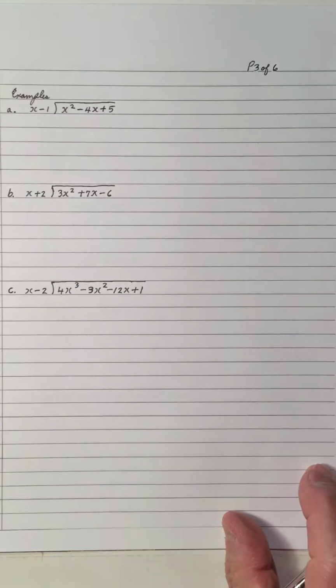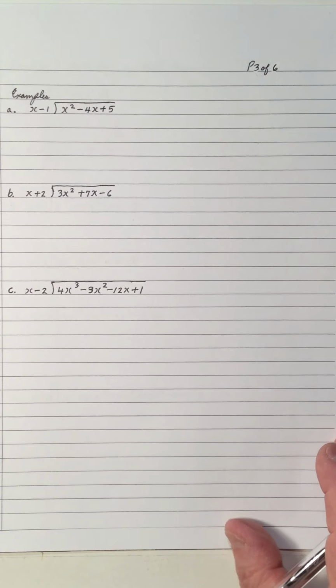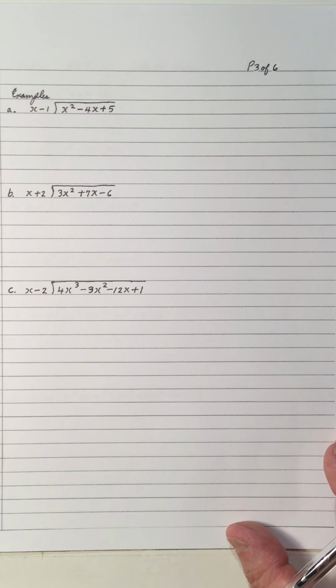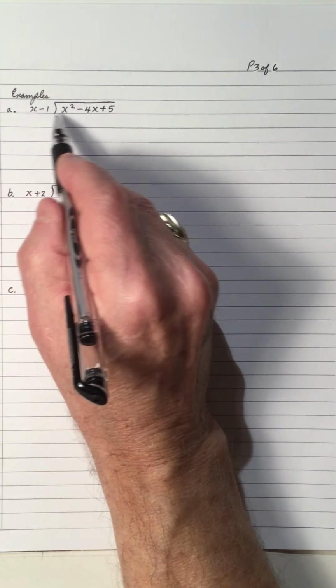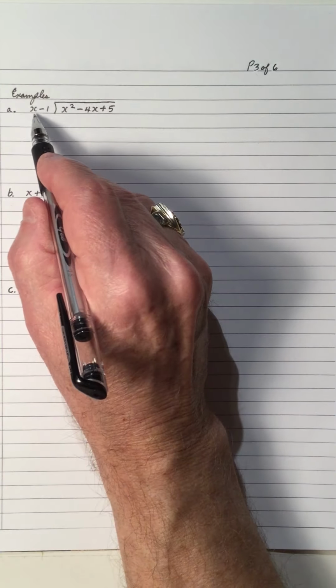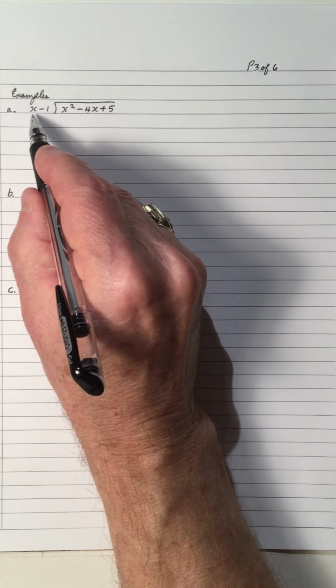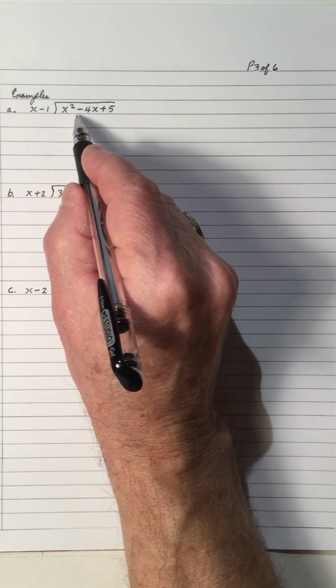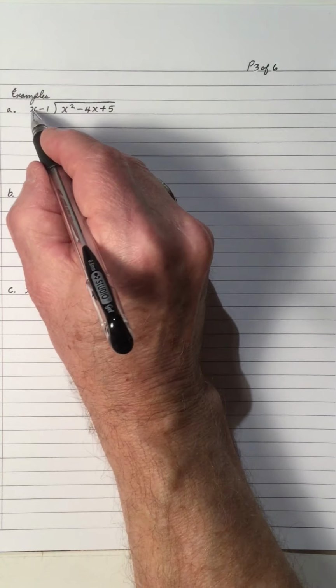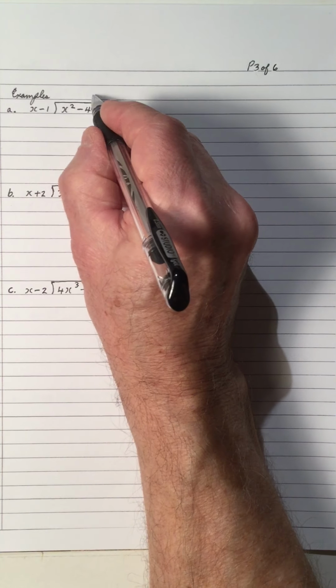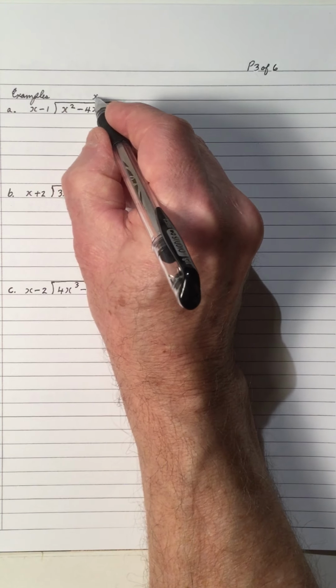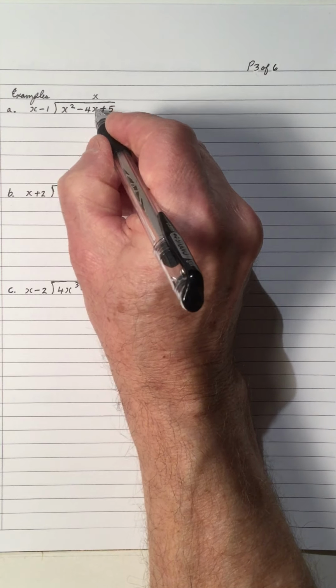And let me explain what we're trying to do, why we're doing synthetic division. Let's do this division here by long division. Let's divide x minus 1 into x squared minus 4x plus 5. X into x squared gives you x. And we put the x above the x to keep powers the same.